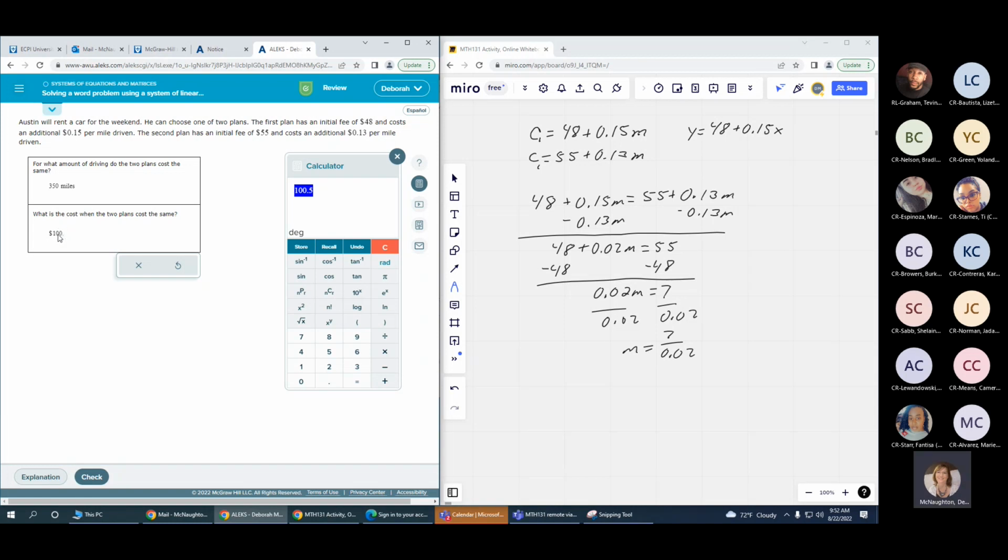I just wanted to show you it's the same no matter which equation we use. If I put the 350 into this second equation, I get the same thing, 55 plus 0.13 times 350, I get 100.5.